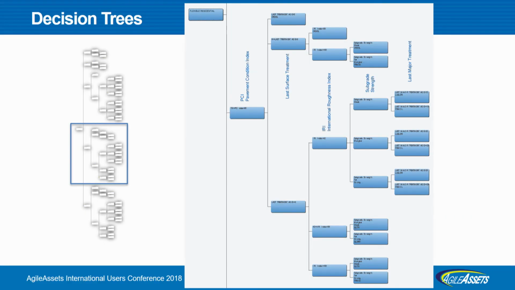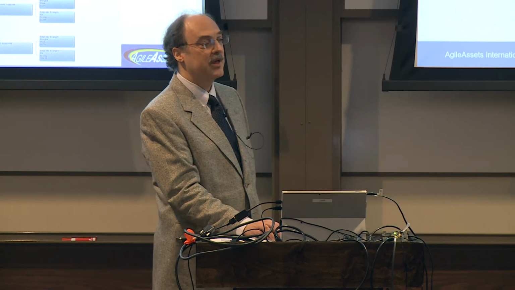So when we get to doing the pavement analysis, our decision trees are pretty detailed for the urban network. This is the residential decision tree, and this is the middle section of that. We use the PCI scores. We even use the time since the last surface treatment and the time since the last major treatment, which is the heavier class items, to help us space out those things so that we're not revisiting the same streets over and over again.